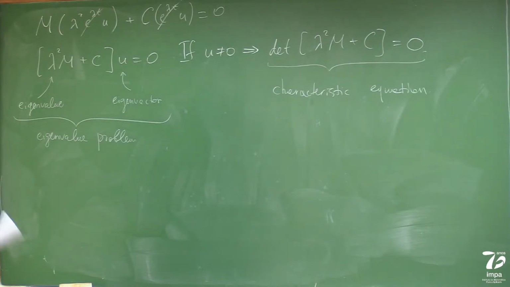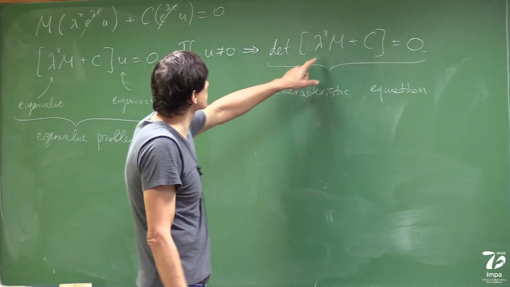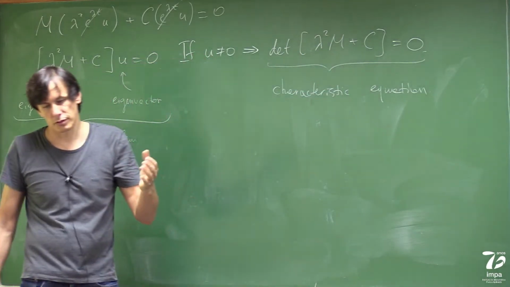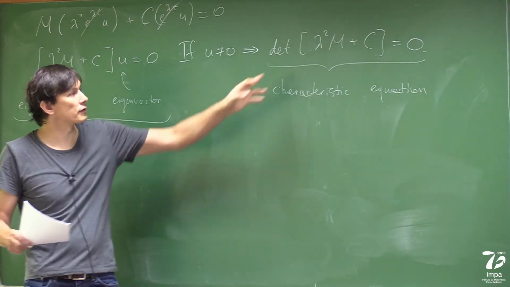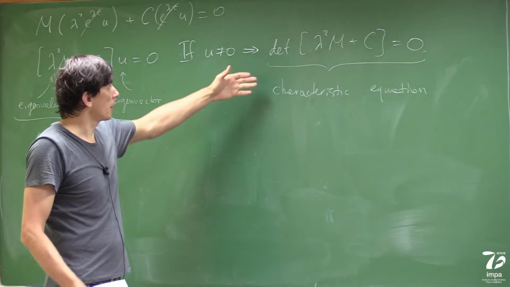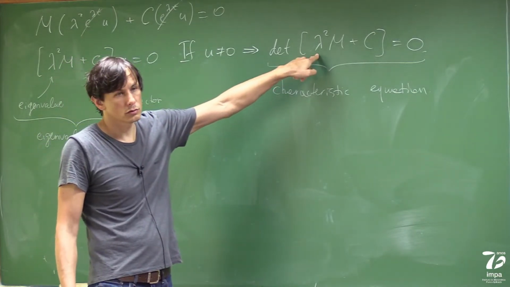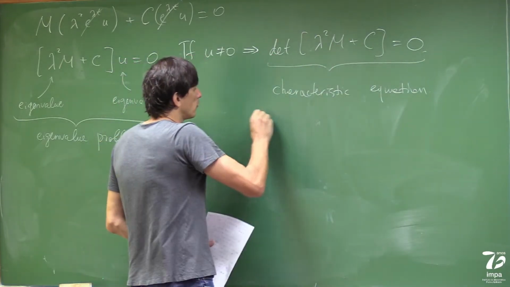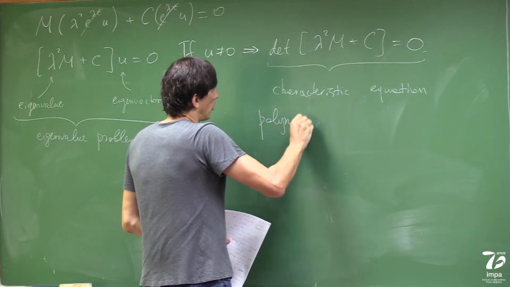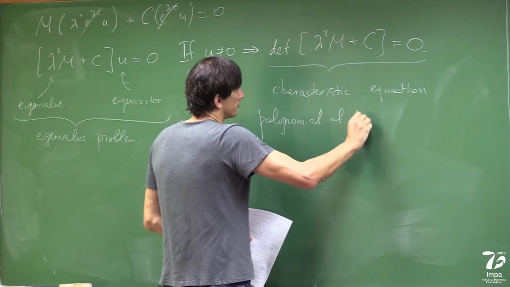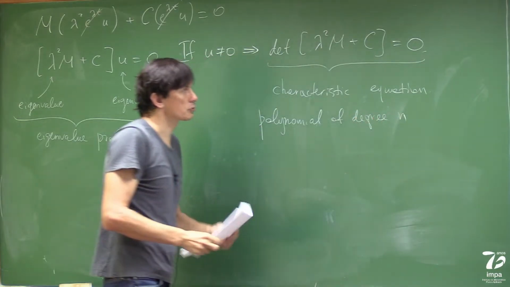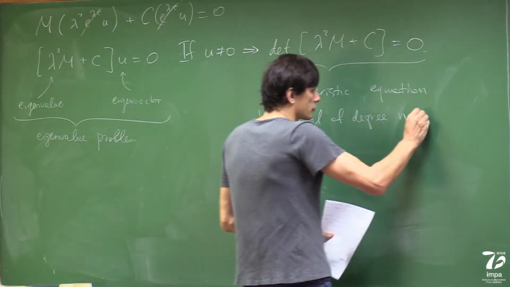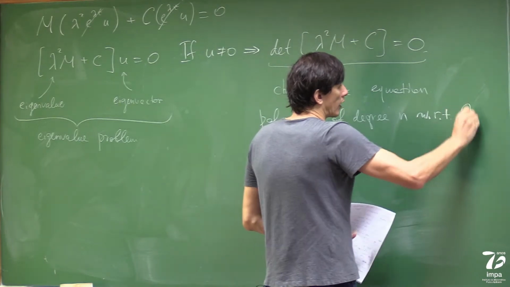Okay, so then characteristic equation. So what is characteristic equation? The determinant of the n by n matrix, if you remember the definition, is the sum of certain products of n components. So every component depends on lambda squared at most. So what you have is that this left-hand side is a polynomial of degree n, because you have n products of n components of this matrix with respect to lambda squared.